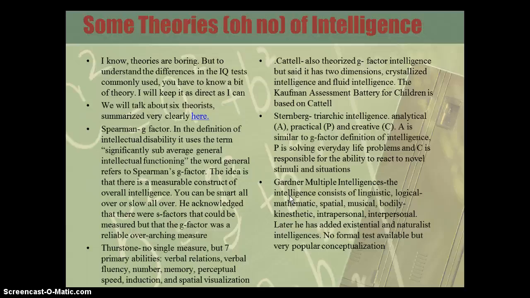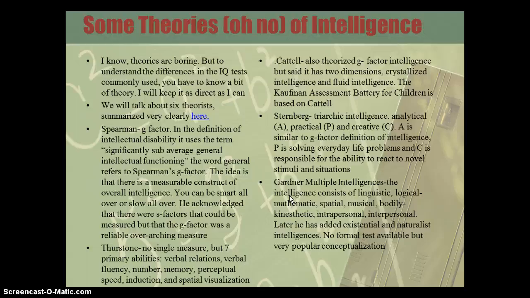Thurstone, on the other hand, said that there's no single measure, but he listed 7 primary abilities: verbal relations, how words relate to one another; verbal fluency, how quickly you can generate words; number memory; perceptual speed, so how fast can you perceive what you're seeing or hearing or tasting, touching, so on; induction; and then spatial visualization, how you can see things in space.